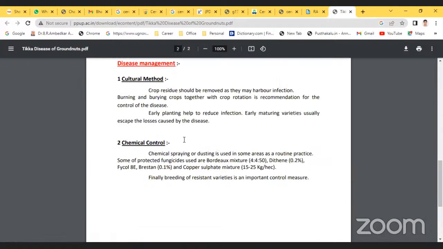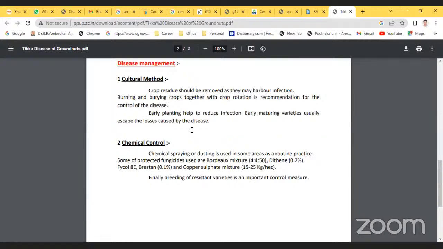Arachis hypogaea. This is mostly seen in groundnut. It is Tikka disease. The mycelium consists of multicellular, septate, and branched hyphae. Inside the host it forms lobed haustoria, which penetrate the cells.